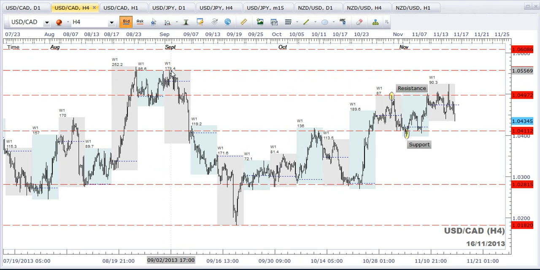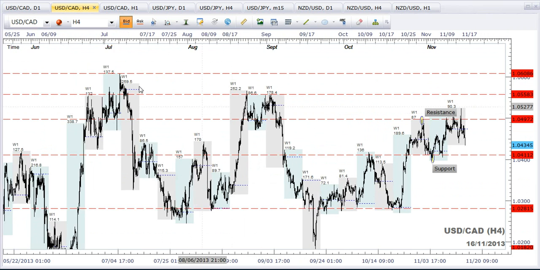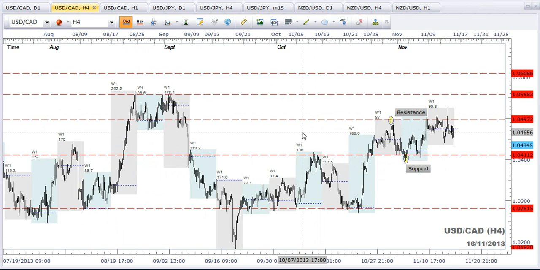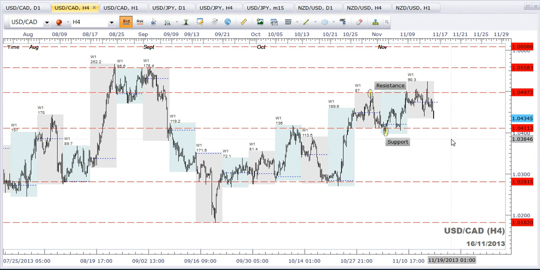That goes back to the high here in September, 105.58, and even further up to the high here in July around 106. And to the low side, I've got 104.11, which was the low from last week and the previous week before that. And then I've got down here 102.81, which was the level for a good part of September and October.